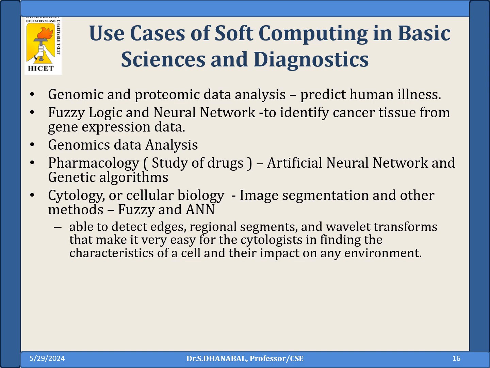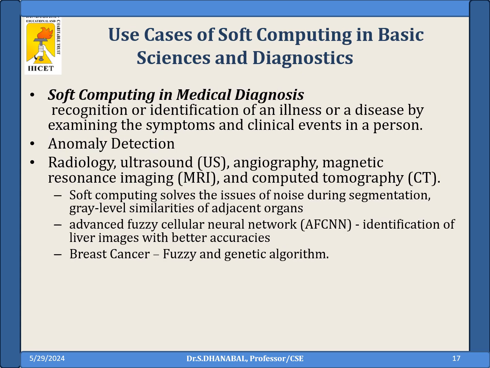When we are talking about cytology or cellular biology, image segmentation and other methods are used. Fuzzy and artificial neural networks are highly used because they can detect the edges of the cells, regional segments and wavelet transforms that make it very easy for the cytologist to find the characteristics of cells and the impact on any element.